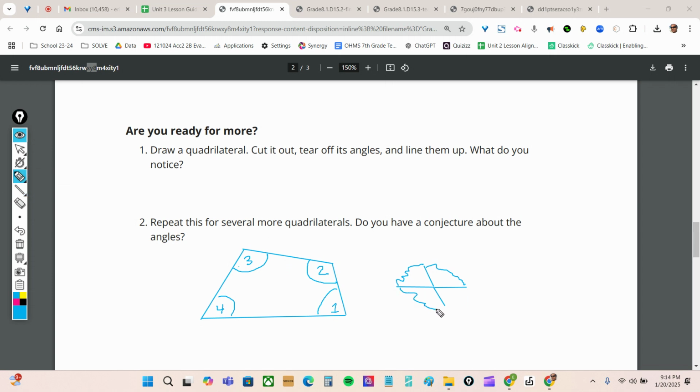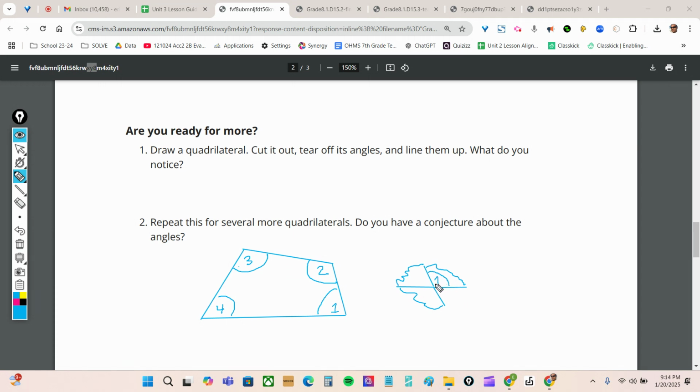So it's going to be ripped off, and this would be our angle. I don't know, would it look like that? Boom.